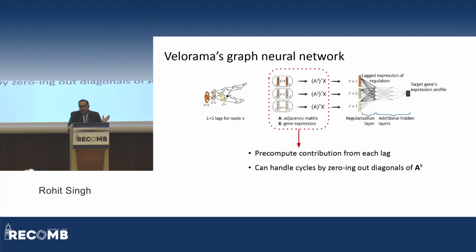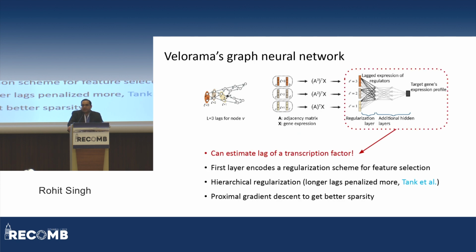And then one thing that we do here is that we pre-compute the contributions from all the lags and store that as input features, which is slightly different from some other work we have done where we do this in a graph neural network setting, and there are reasons for that, and I can talk about that offline. But the next interesting point is the way we set this neural network up, the first layer is special.